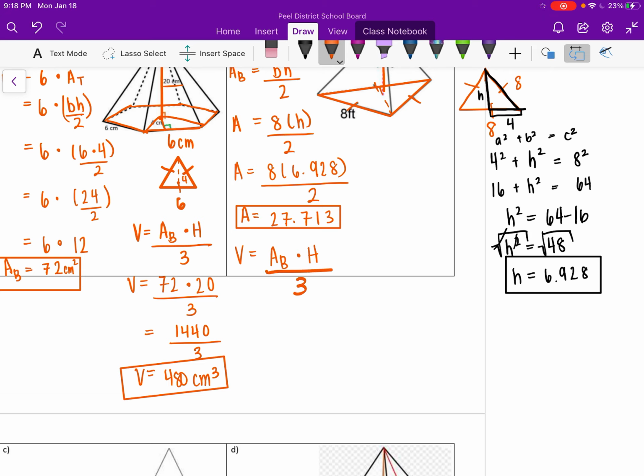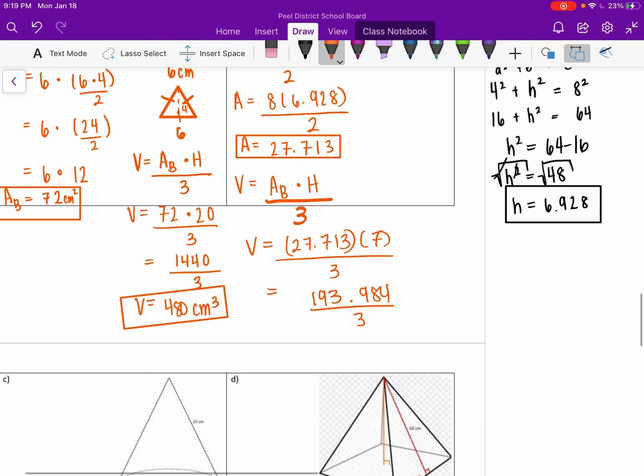Divided by 3. I wrote in the formula wrong, sorry. So then I'm left with 27.713 multiplied by height, which was 7, divided by 3. So then I'm left with 193.984 divided by 3. So I'm just going to divide by 3 here, and I'm left with about 64.6.